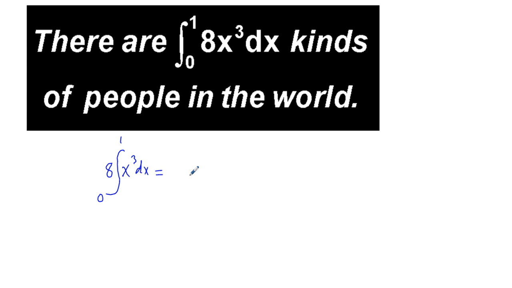Integrating x cubed dx, we have x to the 4th over 4, and we multiply that by the 8 out front, and we evaluate between x equals 0 and x equals 1. Well, the 8 over 4 reduces to 2, so we have 2x to the 4th power evaluated from 0 to 1.